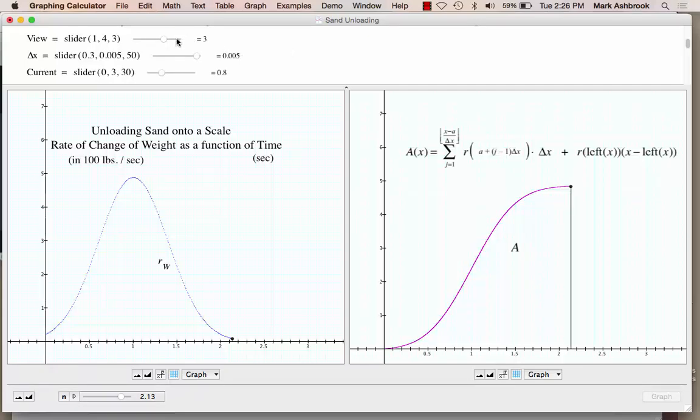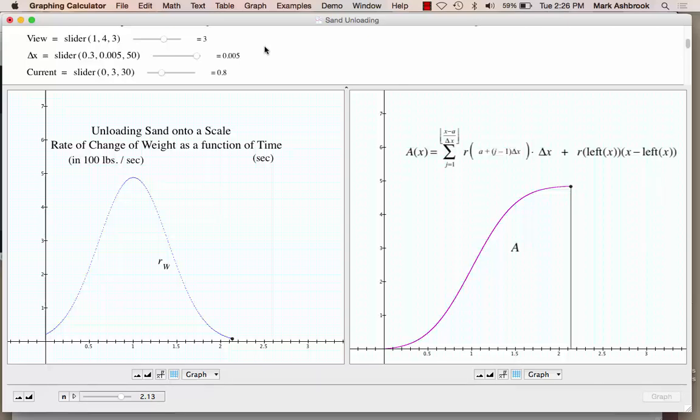I'm going to turn on the exact accumulation function. And there's no daylight between them. Do you see that? So now they're both on. So both the approximate accumulation function and the exact accumulation function are on. The approximate accumulation function we get when we use super small intervals is essentially the exact one.